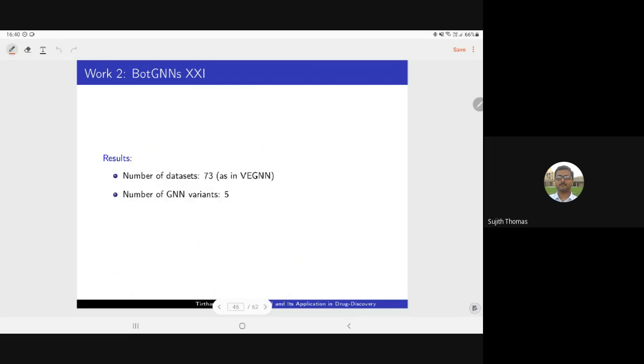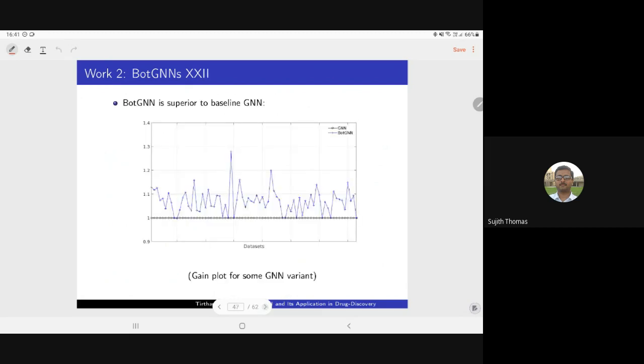So the results are again large scale. The experiments are conducted at large scale. We're dealing with 73 data sets obtained from NCI, the National Cancer Institute, mainly classification of bioactivities. The number of GNN variants is again 5, similar to what we had in Vegans.